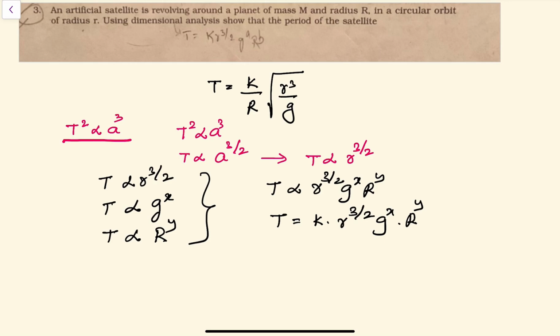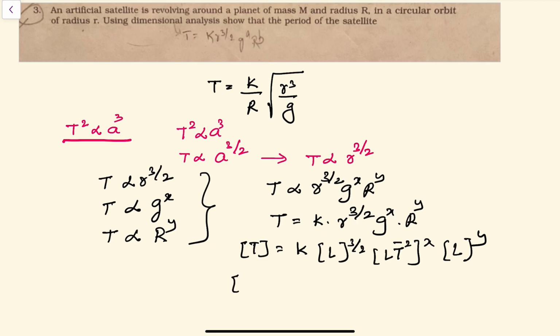Substitute all the dimension formulas. T is equal to some constant k, L power 3 by 2, L T minus 2 whole power x, and L power y. So T is equal to some constant k, L power 3 by 2 plus x plus y, T power minus 2x.